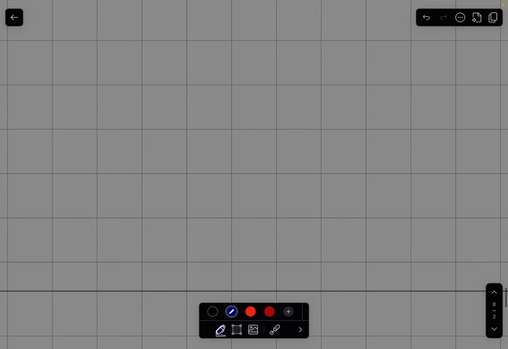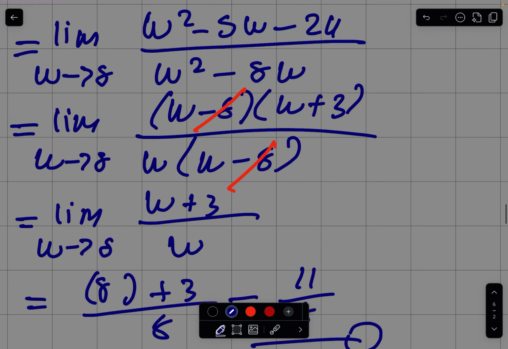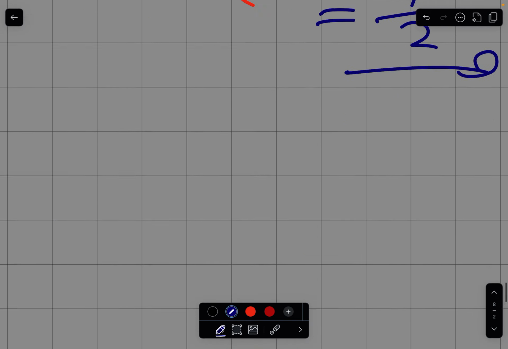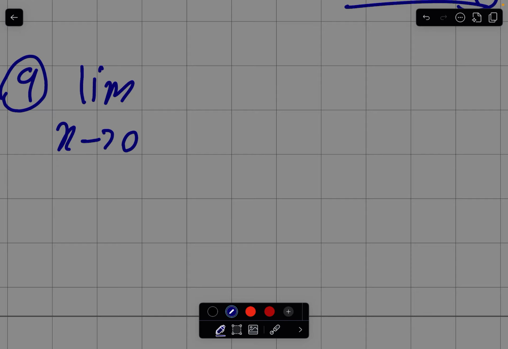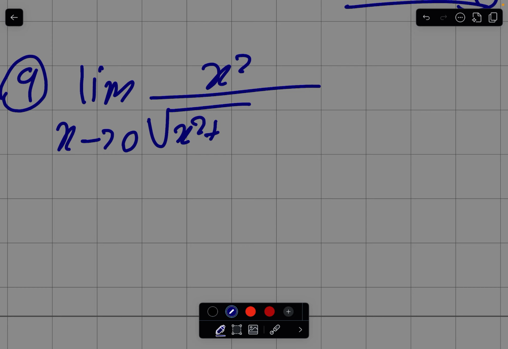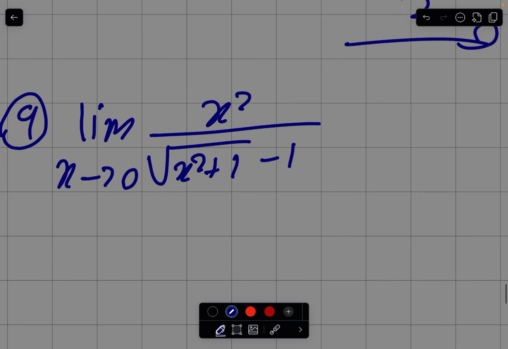Another question, we have the limit as x approaching 0, which is question number what? Question number 9. I'm pretty sure now you see the procedure. So you have the limit as x approaching 0 of x squared divided by square root of x squared plus 1 minus 1.